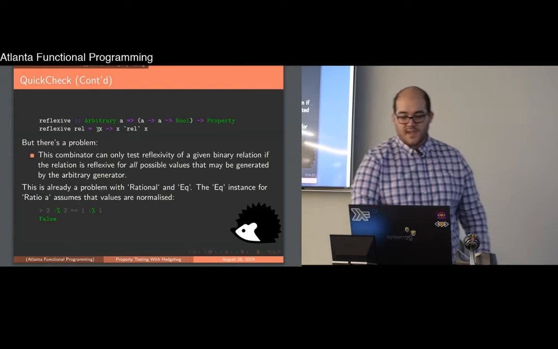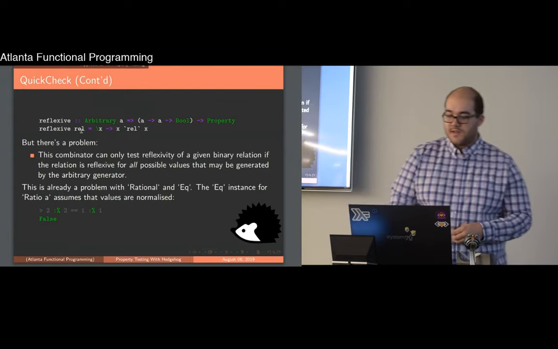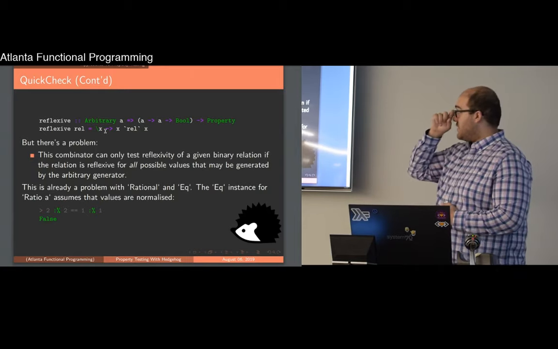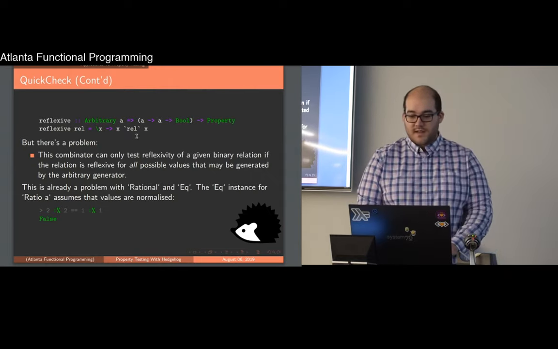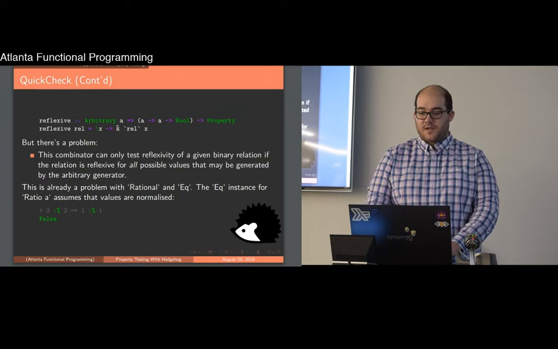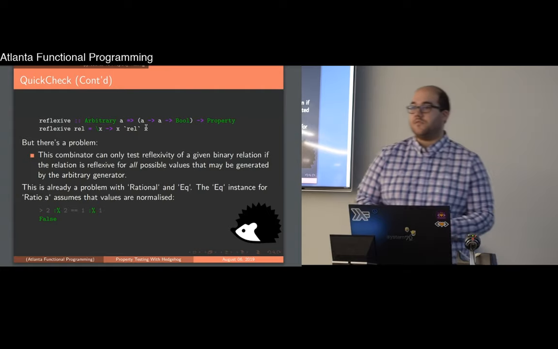So we know this A here, which is this x, has an Arbitrary instance. Whenever we run this reflexive test, it will generate a random A value and fill it in for x. And this says that rel applied to x and x must be true in order for this property to be true.